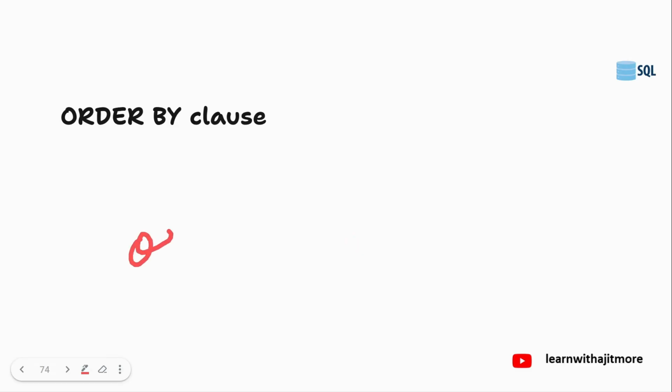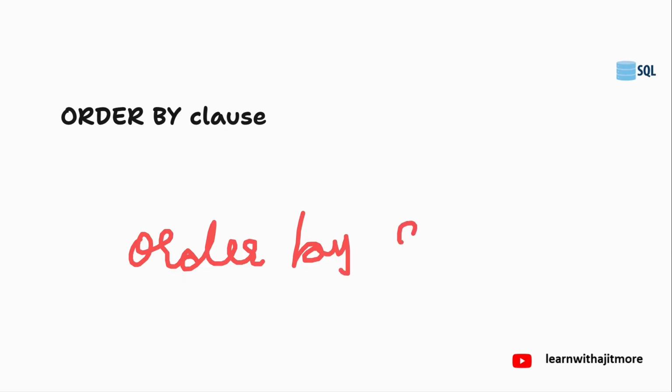So if you are writing one column, order by, and if you write salary, it will arrange all the records according to salary in ascending order. By default, it is ascending. If you want, you can explicitly mention ascending, ASC.